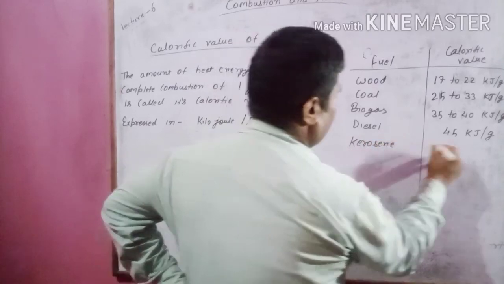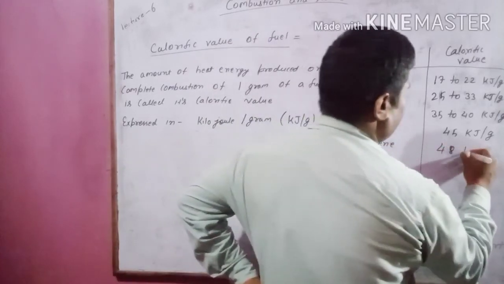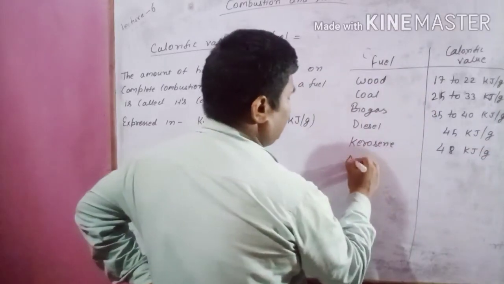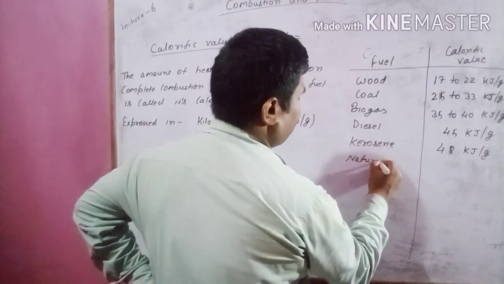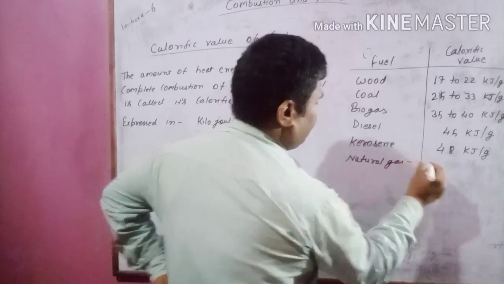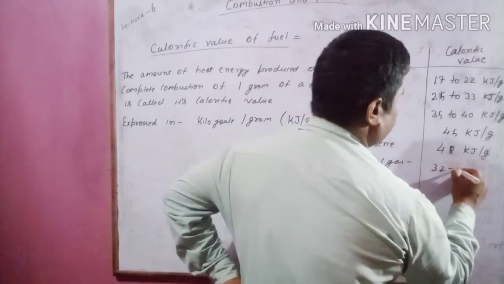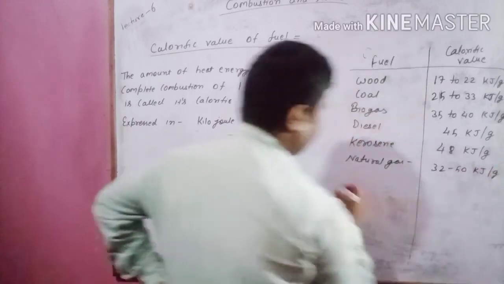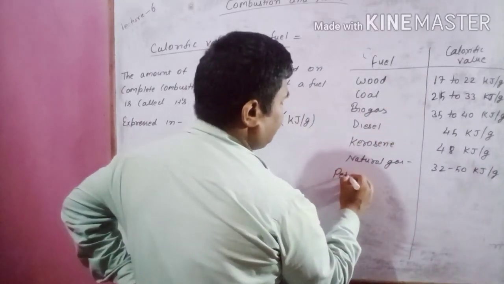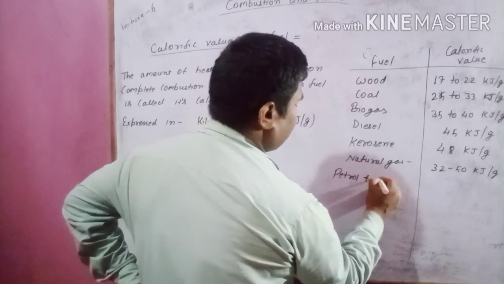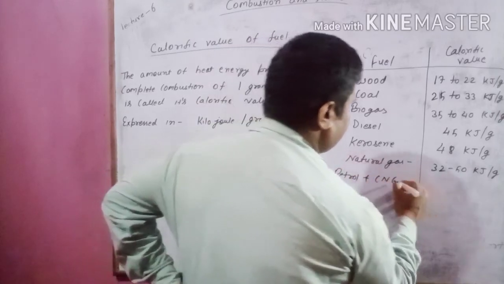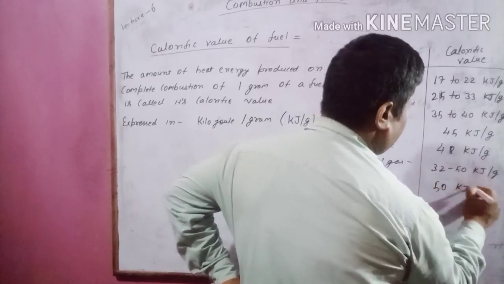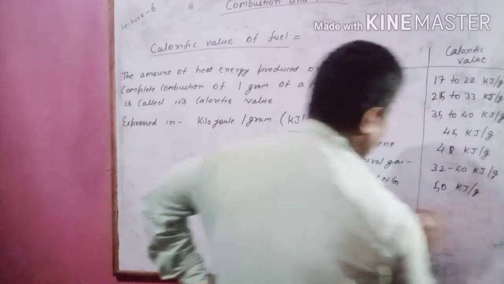Kerosene produces 48 kilojoule per gram. Natural gas produces 32 to 50 kilojoule per gram. Petrol and CNG produce 50 kilojoule per gram.